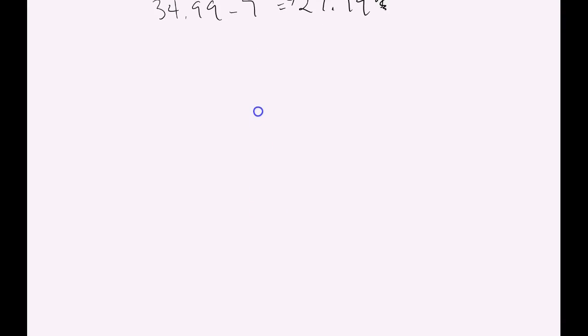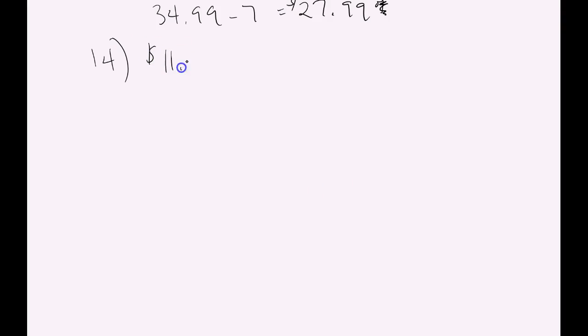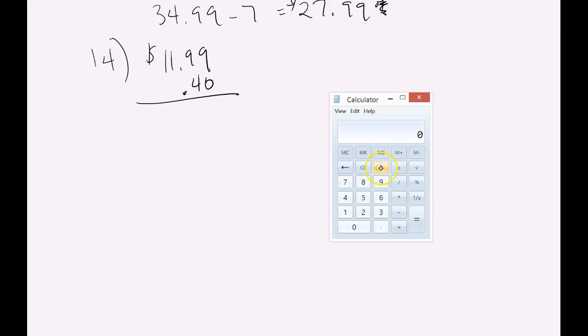All right, 14. Original price is $11.99, and we're doing a discount of 40%. So just like on the last one, 40% is the decimal 0.40. So I'm going to do $11.99 times 0.40.